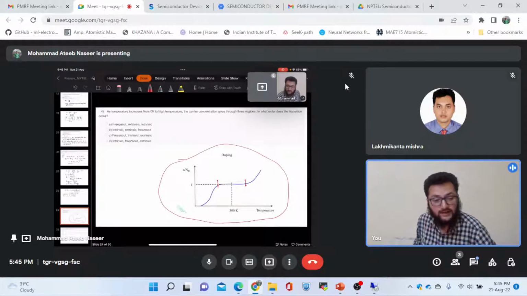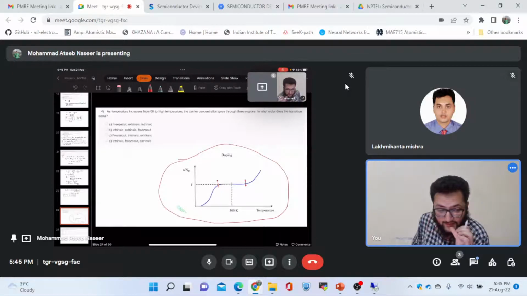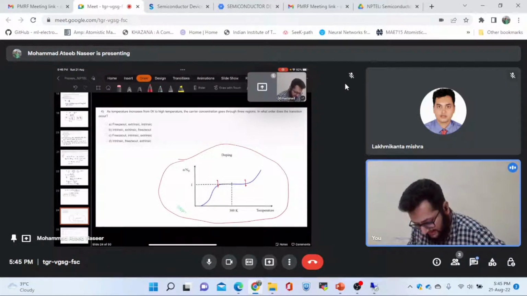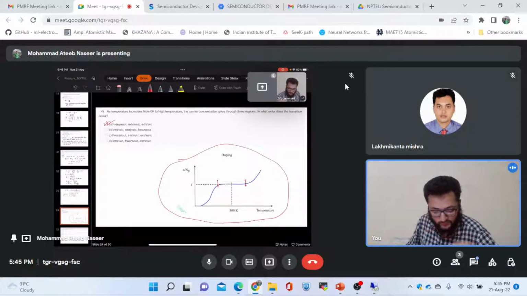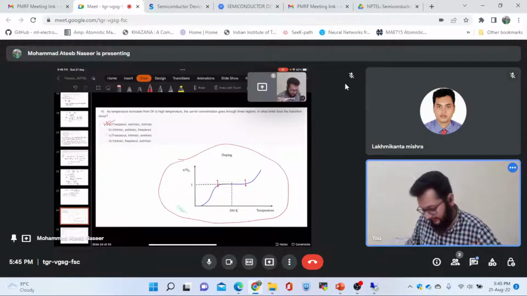After that, as we increase the temperature, the intrinsic nature of the material will dominate, and the material will approach its intrinsic nature. So here option A is the most suitable option. There is a transition from freeze out to extrinsic to intrinsic.